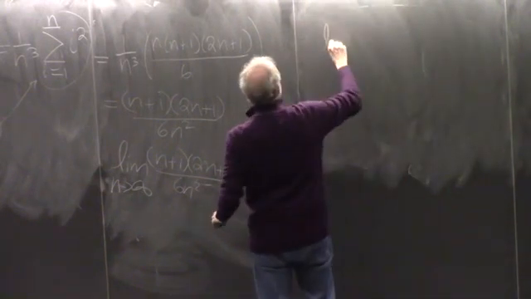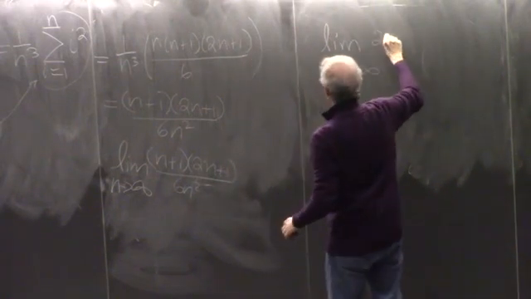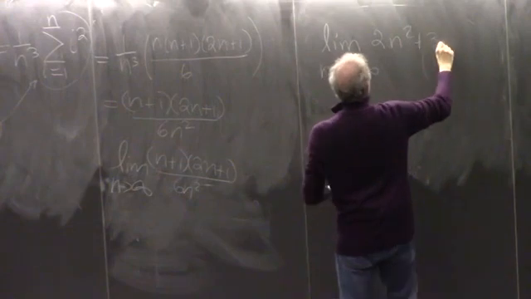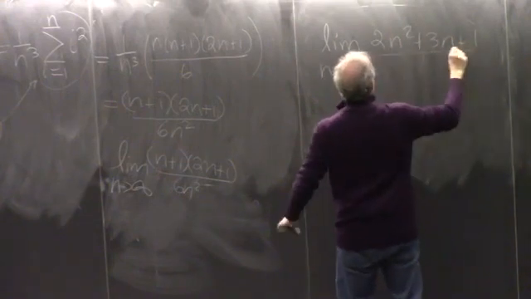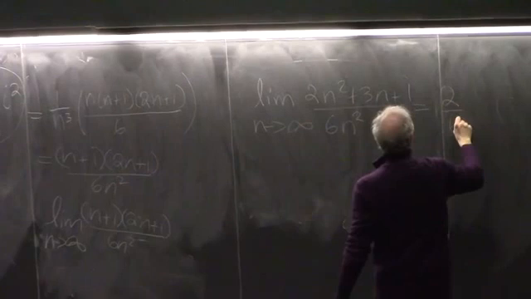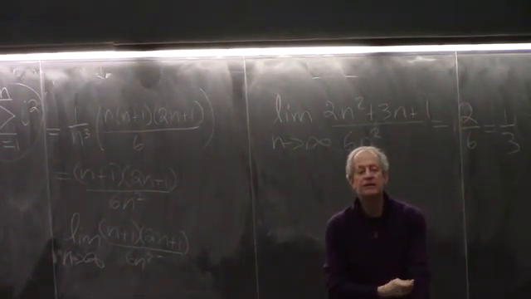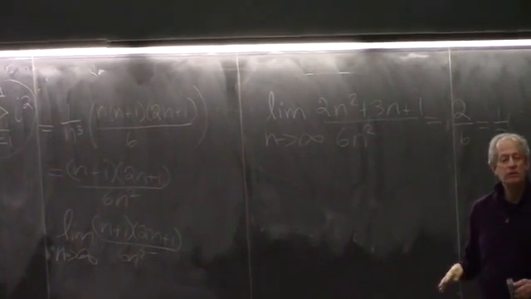That becomes the limit as n goes to infinity of 2n squared plus 3n plus 1 over 6n squared. Remember what you do? The n squared is the same. So that's just equal to 2 over 6, or 1/3. Okay? That horizontal asymptote rule.